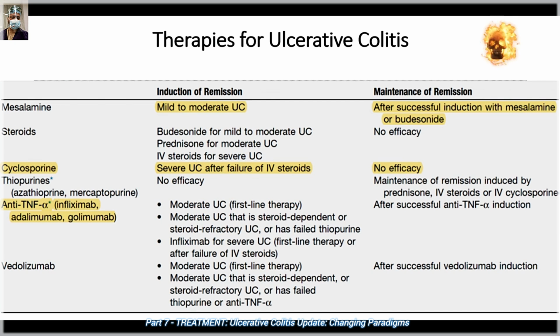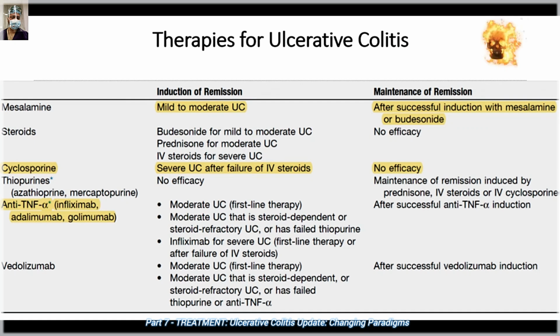Thiopurines, azathioprine, mercaptopurine, are used in addition to the other drugs, and they have a main role in the maintenance of remission. Infliximab, adalimumab, golimumab are used for moderate to severe ulcerative colitis which is steroid refractory, and after failure of IV steroids.